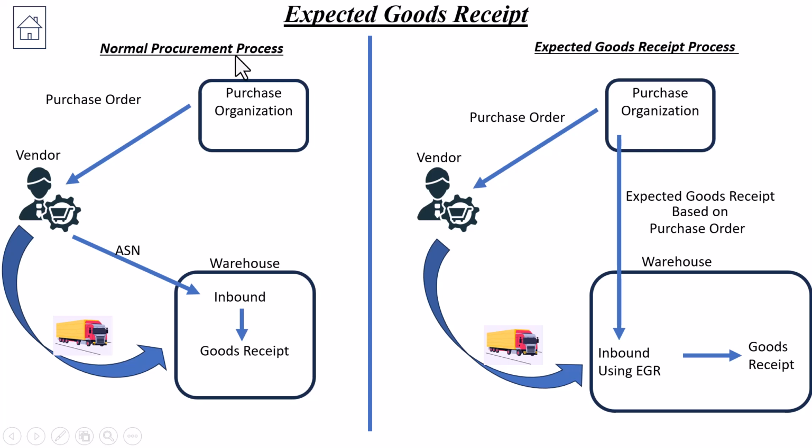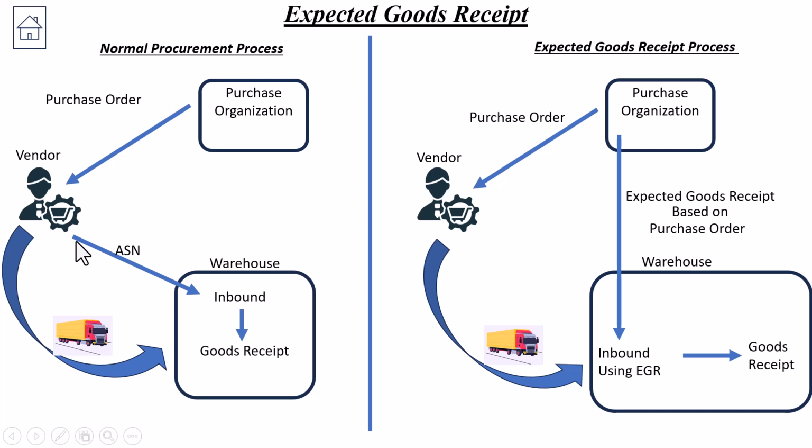Now let's explore what happens in the normal procurement process. In the organization, the purchase organization places a purchase order to the vendor. Before sending the goods to the warehouse, the vendor sends an ASN, which is nothing but an advance shipping notification.